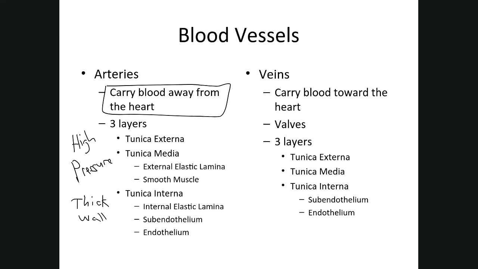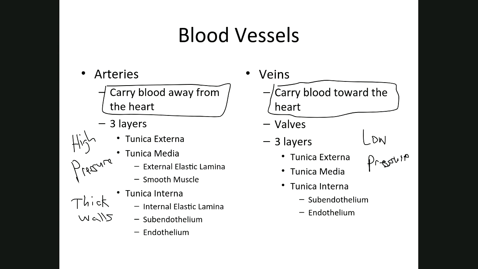They would rupture. If you look at veins, though, veins carry blood toward the heart. And when you get to a vein, the pressure in a vein is very, very low. In some veins, it's even 0. So it's low. That means there's hardly anything pushing against the walls.